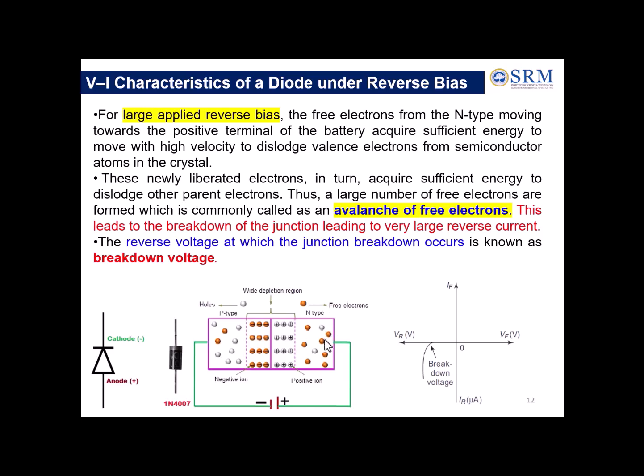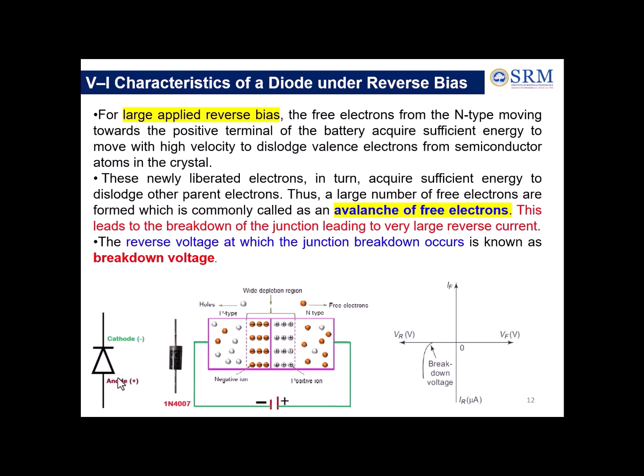So a large number of free electrons are formed, so it is called avalanche of free electrons. This will lead to the breakdown of the junction. Now a large reverse current flows. The reverse voltage at which the junction breaks down is called breakdown voltage. So this is happening in the reverse bias.